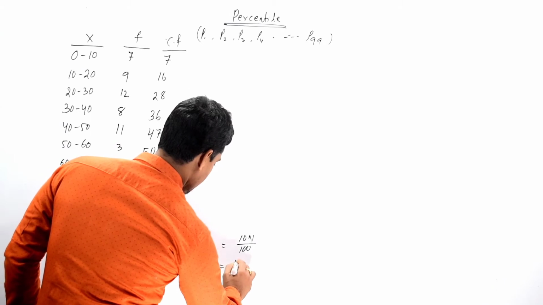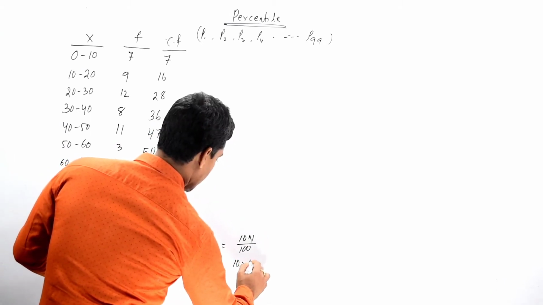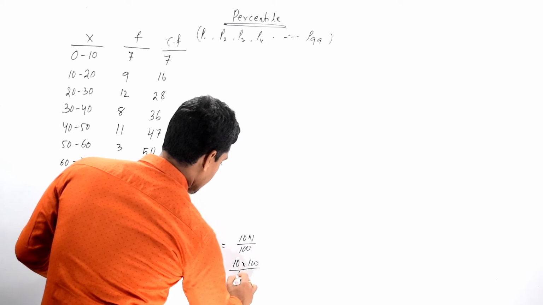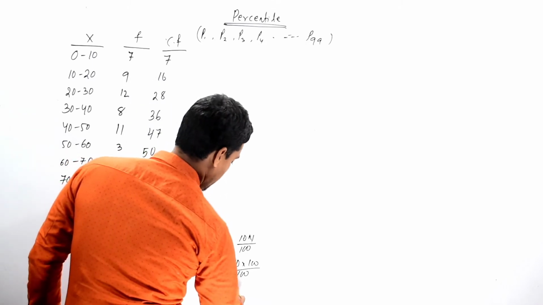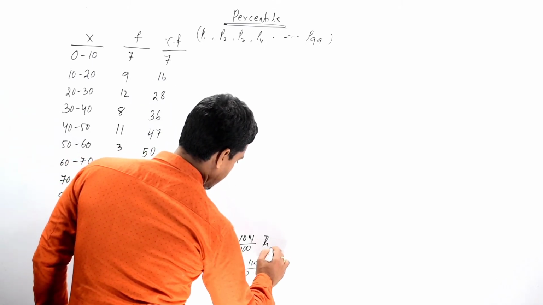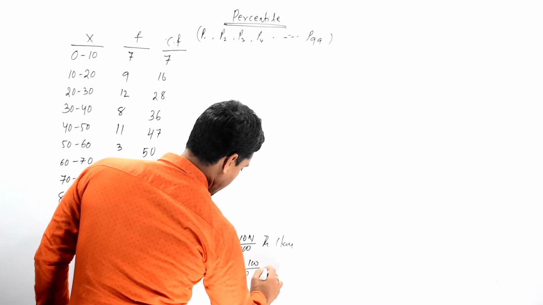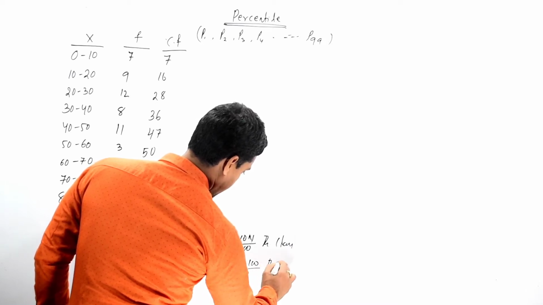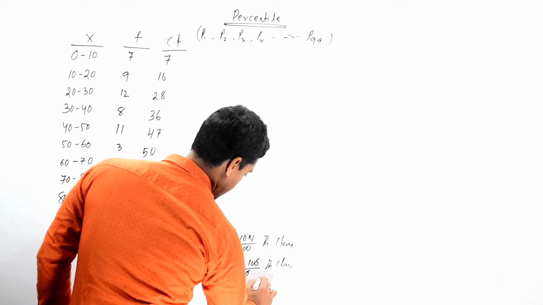Putting the values, 10 into n, that is 100, divided by 100, so our percentile class is the 10th class.